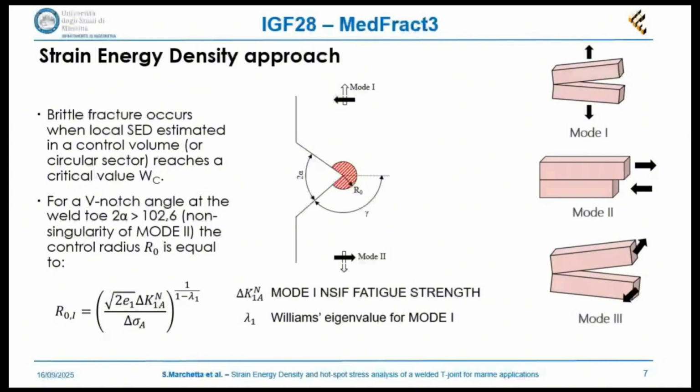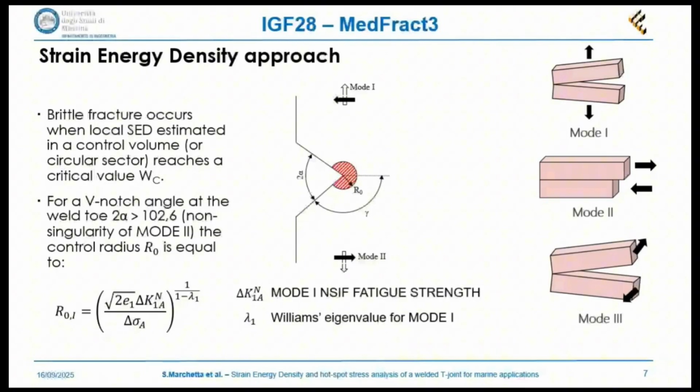Okay. How do we do the assessment? With finite element analysis, we can calculate the strain energy density associated to the control volume by doing the ratio between the deformation energy associated to the volume and the volume itself.